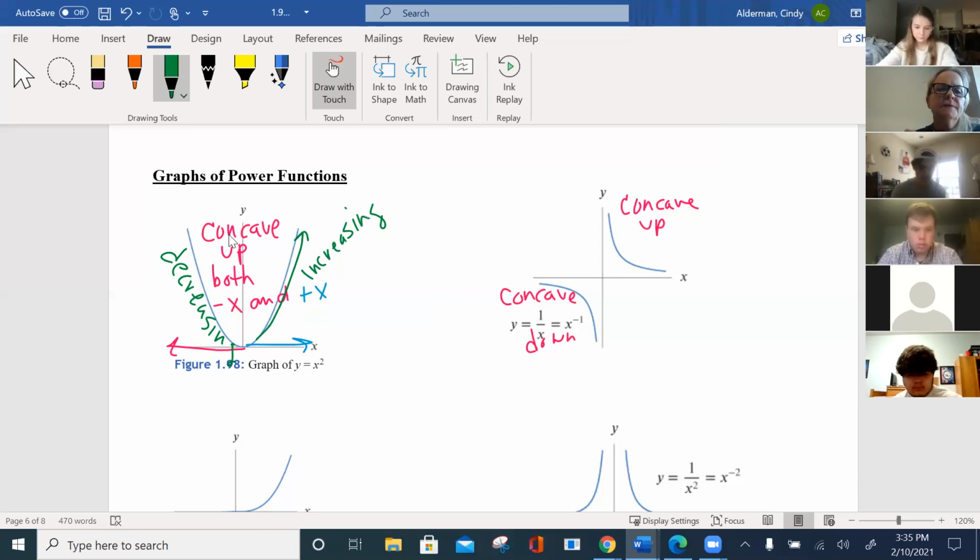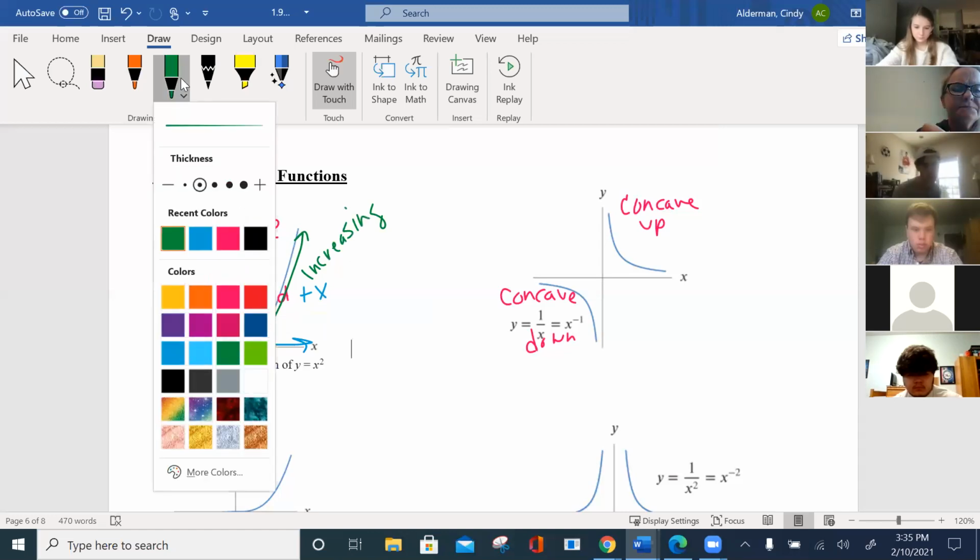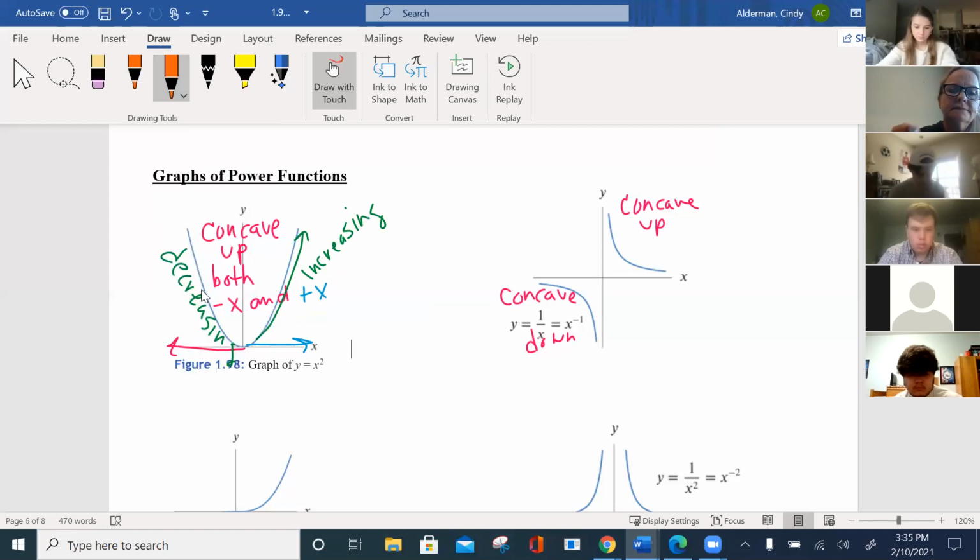Okay, now let's talk about end behaviors for a minute. The end behavior of a graph just discusses what the end of the graph does. If you're talking about the left side of the graph, you're talking about when x is getting smaller, or going to negative infinity.